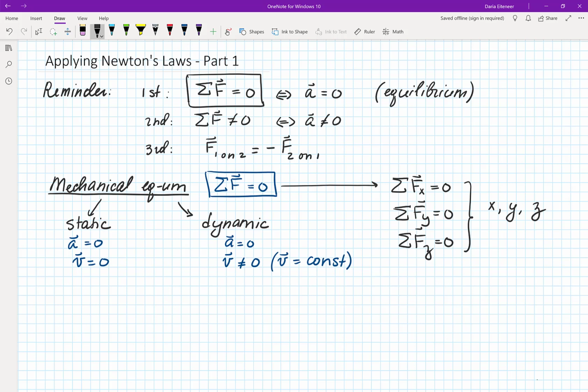So x, y, z are independent. What that means is that you can have equilibrium separately in the x direction, or y direction, or z direction, or some combination of equilibria in multiple directions, or no equilibrium in any direction. Just because an object is in equilibrium in the x direction, that means absolutely nothing about y, and vice versa. So keep that in mind as we go over some of these problems.